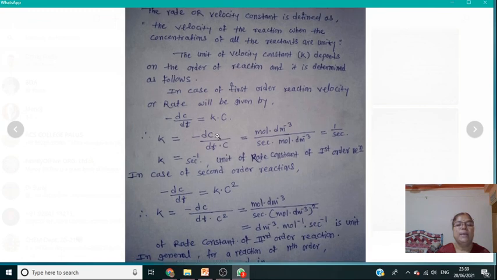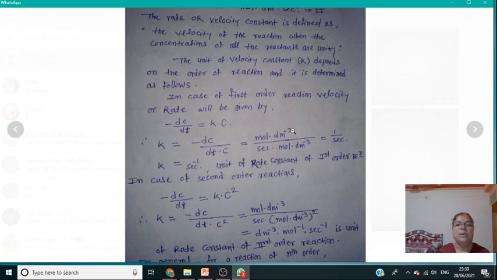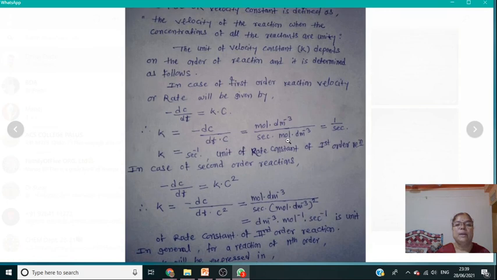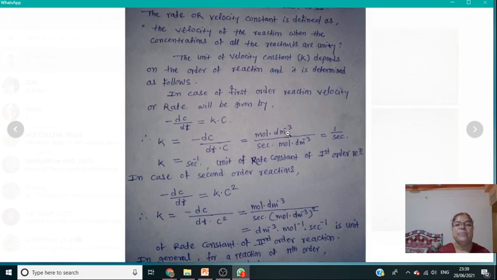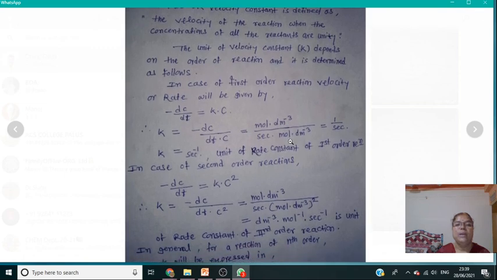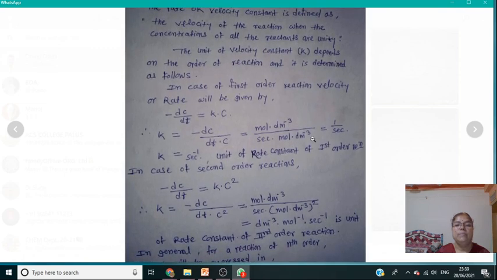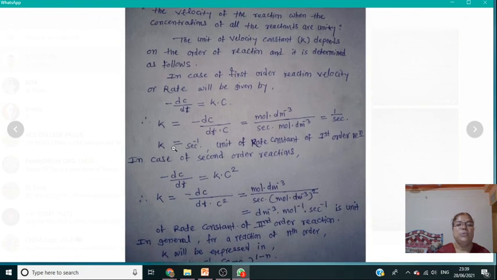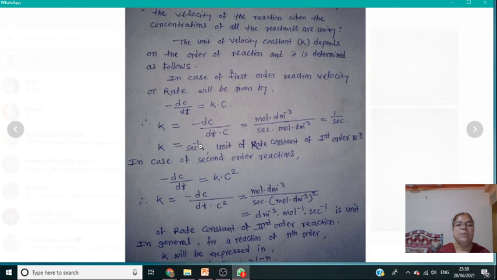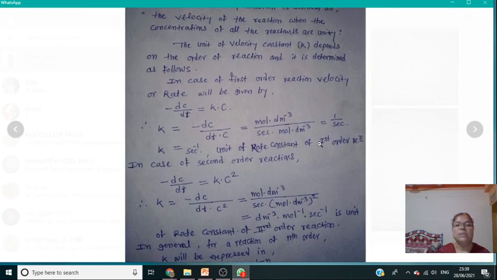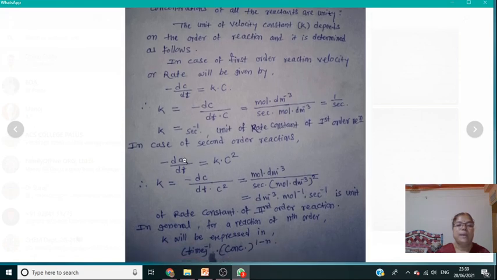If we express the concentration in mole per dm cube and time in second, the numerator term mole per dm cube and the denominator term mole per dm cube get cancelled, and we have the unit of k equal to second inverse. This is the unit of rate constant of a first order reaction.